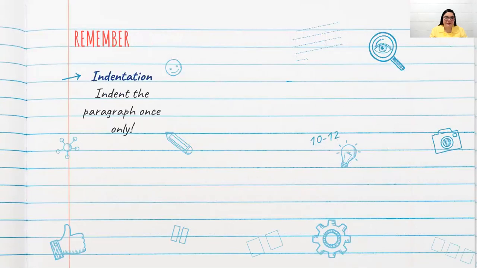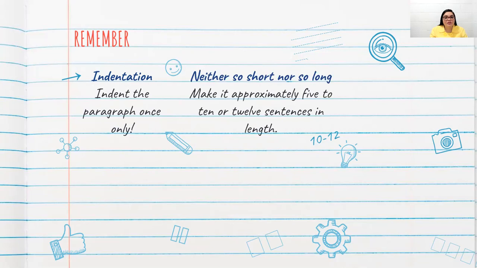Remember, indentation is important. Indent your paragraph only once, in the first sentence. The paragraph should be neither too short nor too long. Make it approximately 5 to 10 or even 12 sentences in length so that you can completely develop your ideas. Focus, narrow, and organize your paragraph carefully.